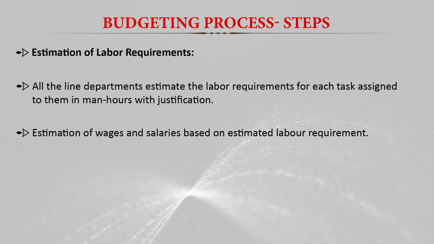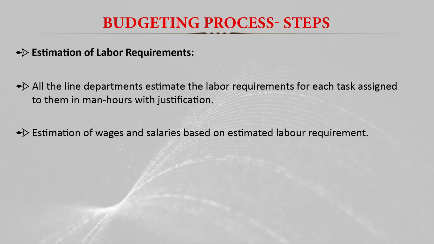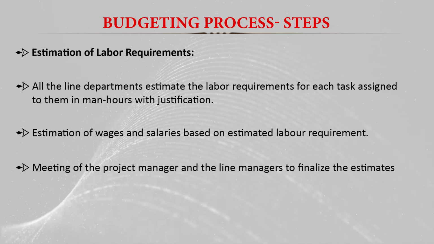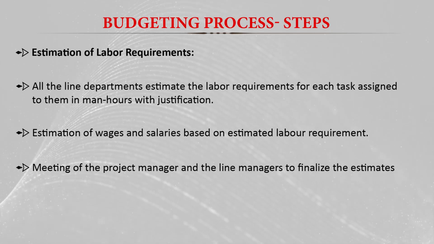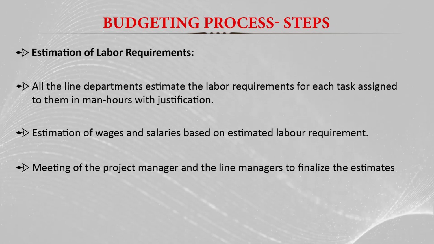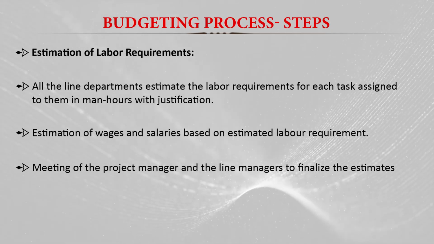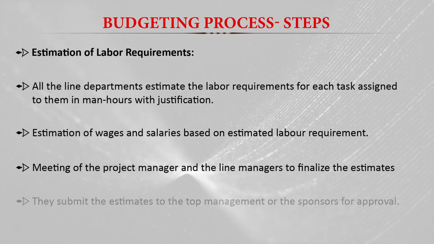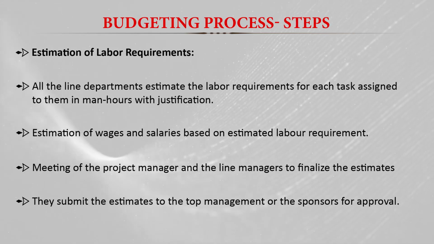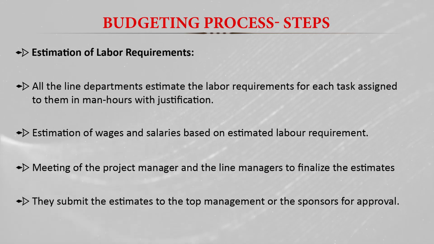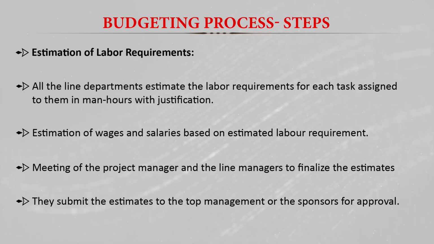And the project managers organize a meeting of the line department managers to finalize the estimates, and then they submit the estimates of the total labor requirement to the top management, the funding agency, or the sponsor for approval.